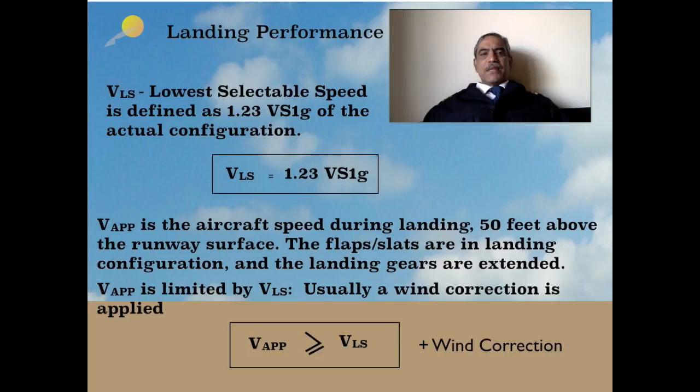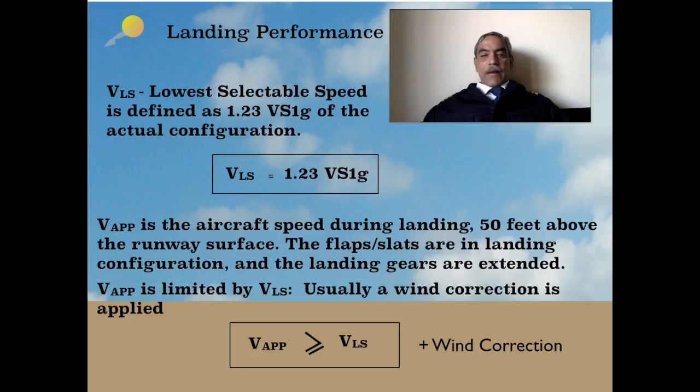Some definitions, there's no major explanation required. VLS, lowest selectable speed, is 1.23 VS1G of the actual configuration. VS1G, I want you all to recall, is the stalling speed at 1G condition. V approach is the aircraft speed during landing 50 feet above the runway surface.